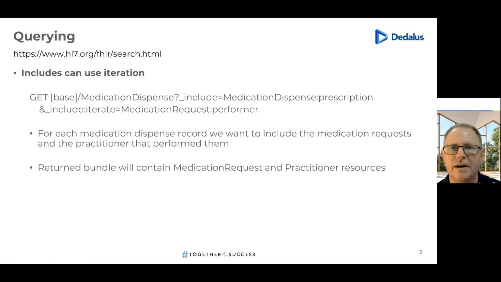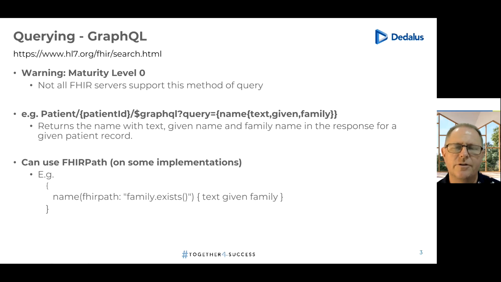There's also another way of querying a FHIR server, and that's using GraphQL. Just a warning here: this part of the standard is maturity level 0, so it's likely to change, but it's certainly worth investigating if your FHIR server supports it as an alternate method of querying. We can pass it some sample strings like we've listed here.